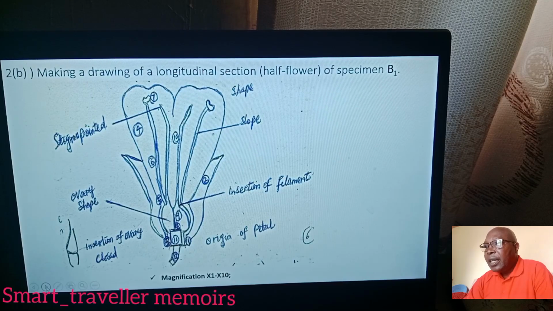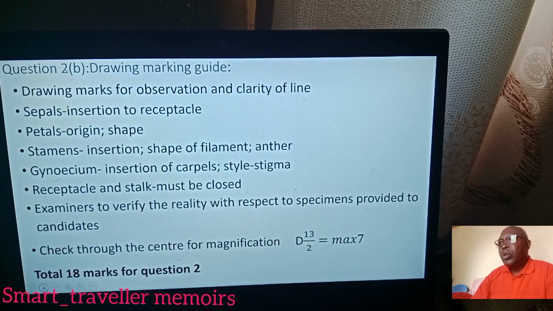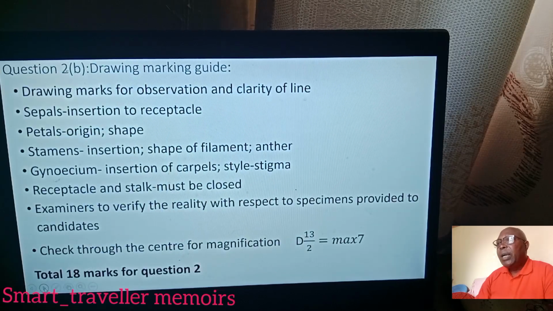All right. And then magnification is from 1 to 10. So this is how you mark that drawing.